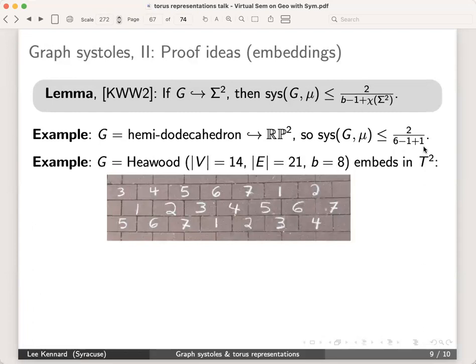Here's another graph. This is one of my favorite graphs now. Not that I know that many, but this is called the Heawood graph. This has 14 vertices, 21 edges, Betti number 8. And it famously embeds in the 2-torus. So here's the embedding. This is the bike path in Munster. What I've done here is label these bricks 1 through 7.